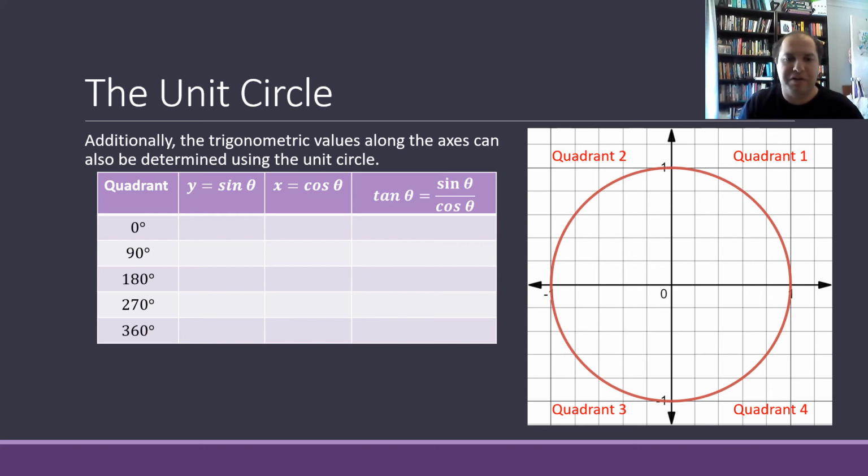All right, finally, we are going to look at our special angles. So we've got 0 degrees on our x-axis, 90 degrees on our y-axis, 180 on our negative x-axis, 270 at the bottom, and then back to 360 at the end there. Now remember, we can also calculate our sine and cos values by knowing the x and y coordinates. So looking here at 0 degrees, our x value is 1 and our y value is 0.